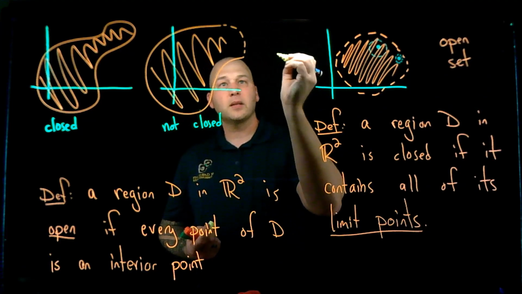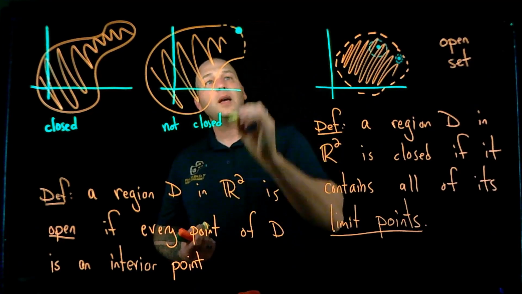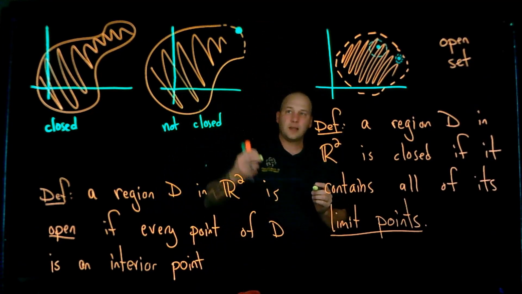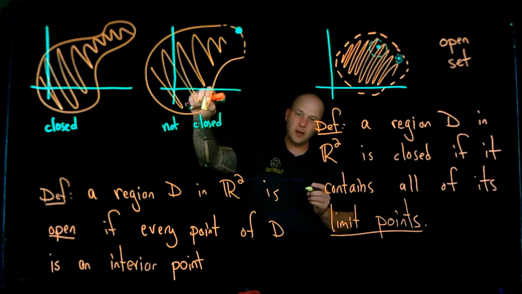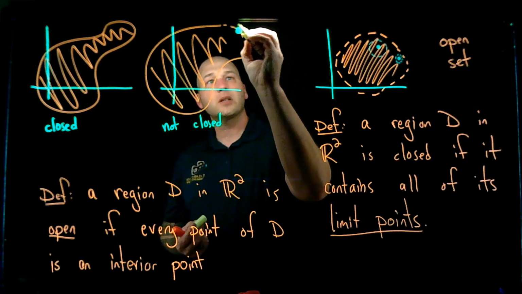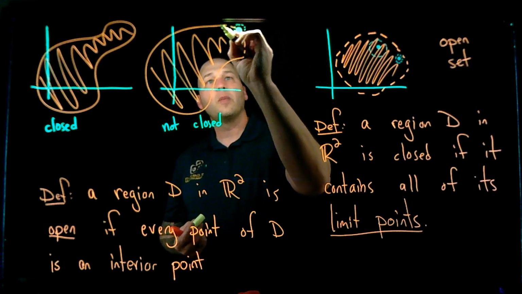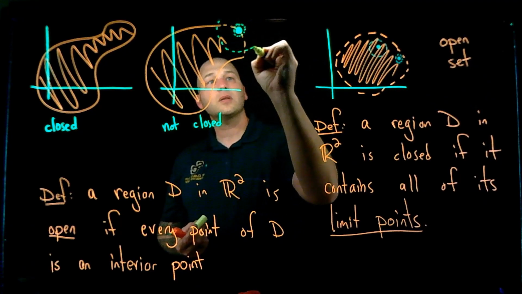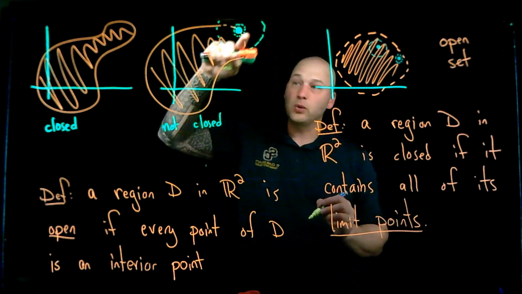Well, I guess in this case they would be boundary points, but the idea is that if I take a point here, and let's say that's on the dashed line, so it's not included in the set, that is a limit point because every single disk centered around it, no matter how big I make that radius, includes at least one point of the region.